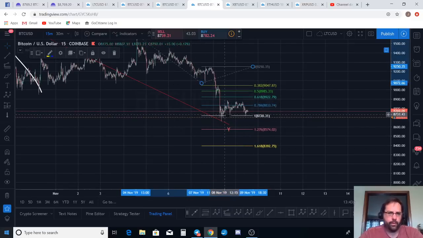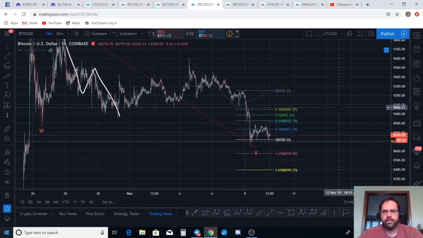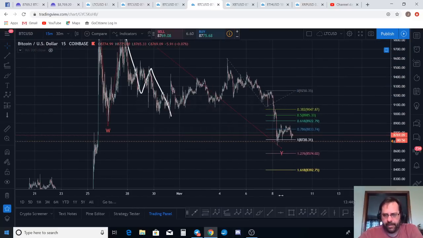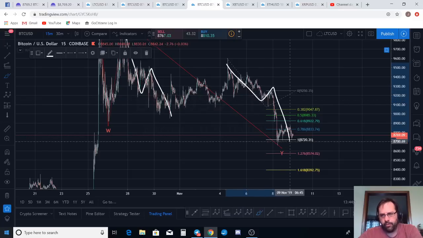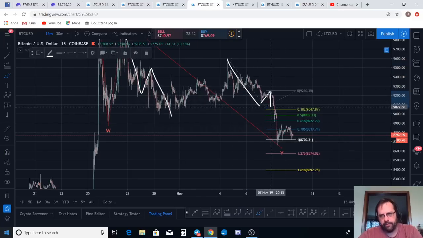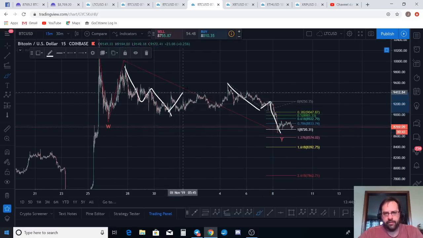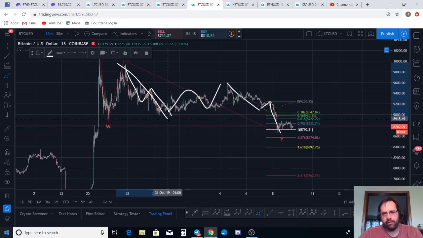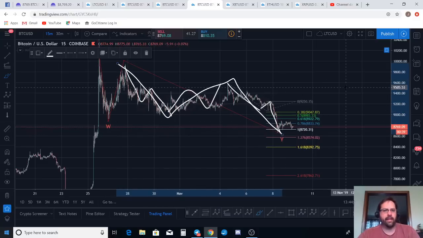We came right to the 1-to-1 extension. So that's looking actually pretty decent for me, even if I don't know exactly the count, as a W wave, an X wave, and a Y wave. And what that would do for us is finish this wave out right here. That finishes this out.